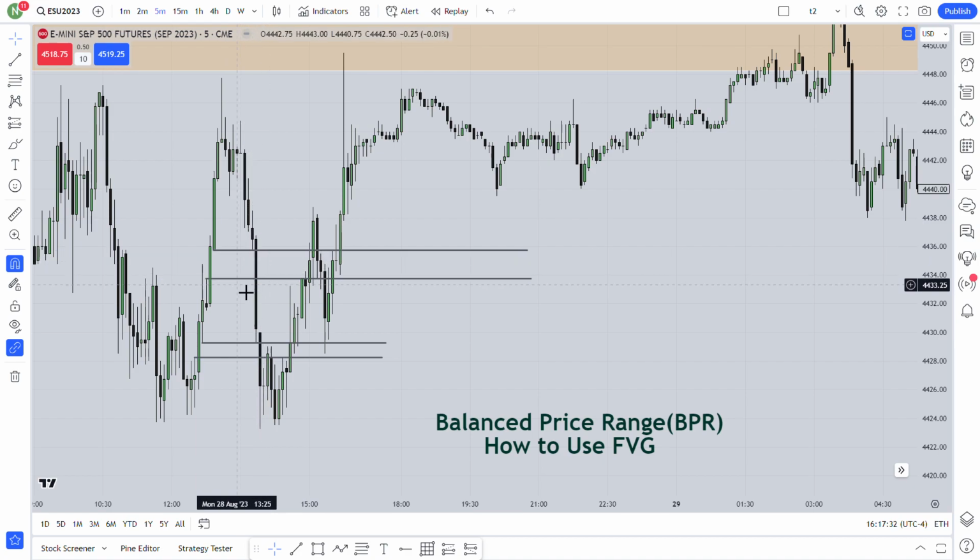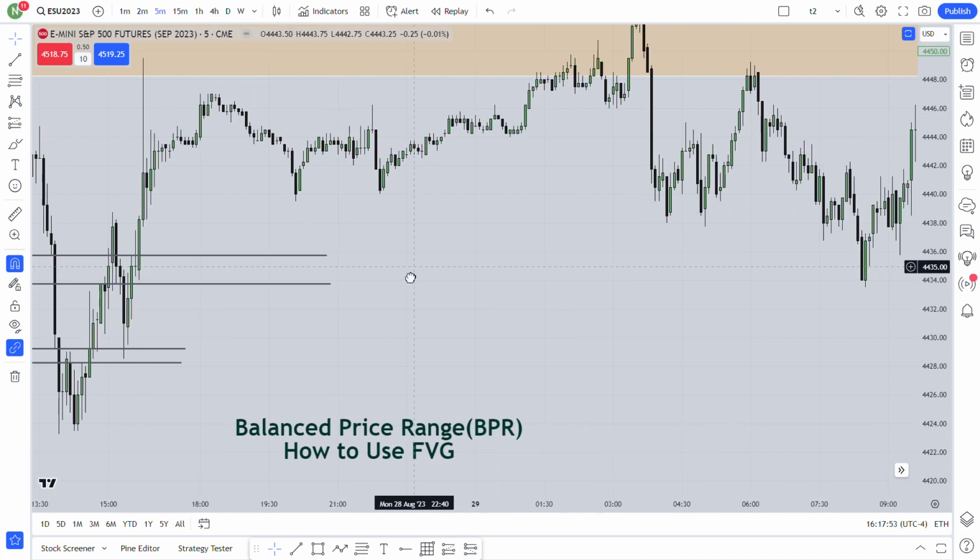It's not balanced yet. When price comes again to the upper level of the gap or the consequent encroachment and rejects the price, then it will be balanced. You see, there is no clear rejection of that gap. Let me check here.